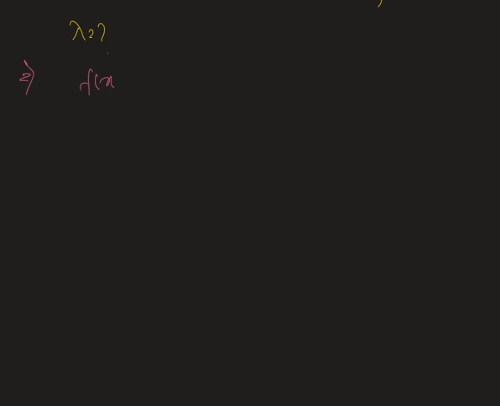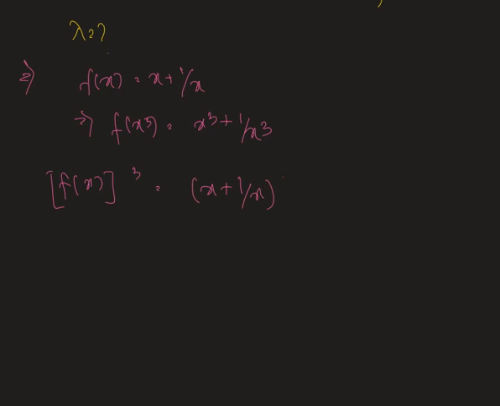Given that f(x) is equal to x plus 1 by x, then we can write that f(x cube) is equal to x cube plus 1 by x cube, and (f(x)) whole cube can be written as (x plus 1 by x) whole cube.